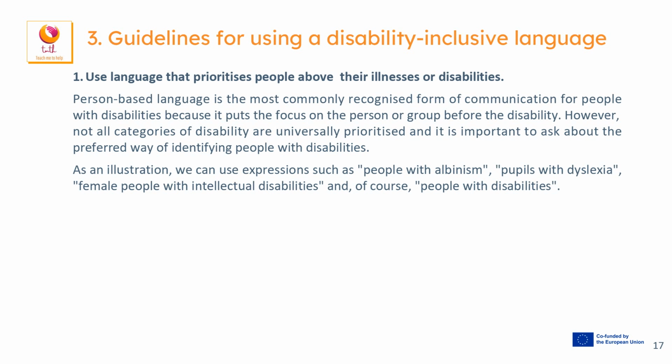However, not all categories of disability are universally prioritized, and it is important to ask about the preferred way of identifying people with disabilities. As an illustration, we can use examples such as people with albinism, pupils with dyslexia, female people with intellectual disabilities, and of course, people with disabilities.